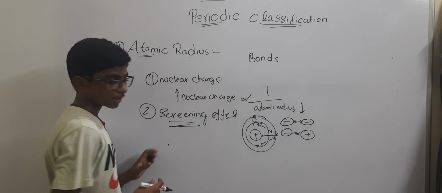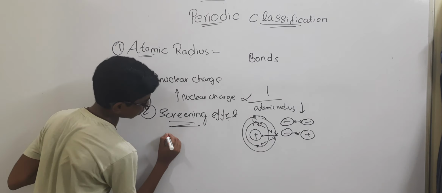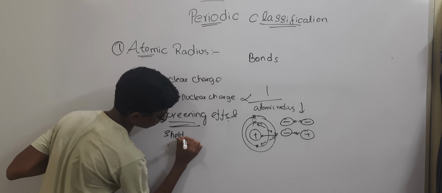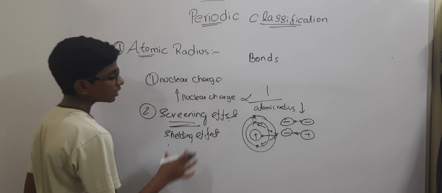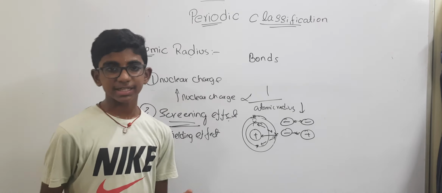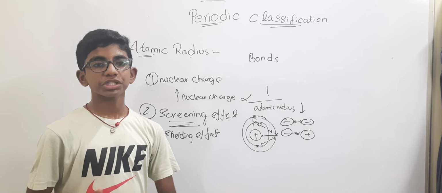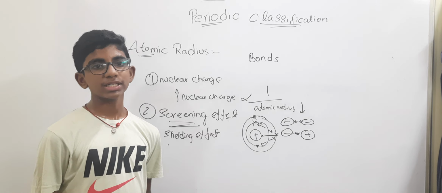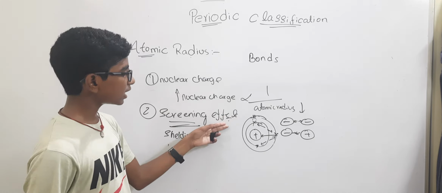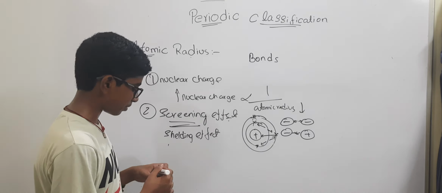The screening effect is also known as the shielding effect. When the screening effect increases, the effective nuclear charge decreases. When the effective nuclear charge decreases, the atomic radius increases. So the screening effect is directly proportional to atomic radius.